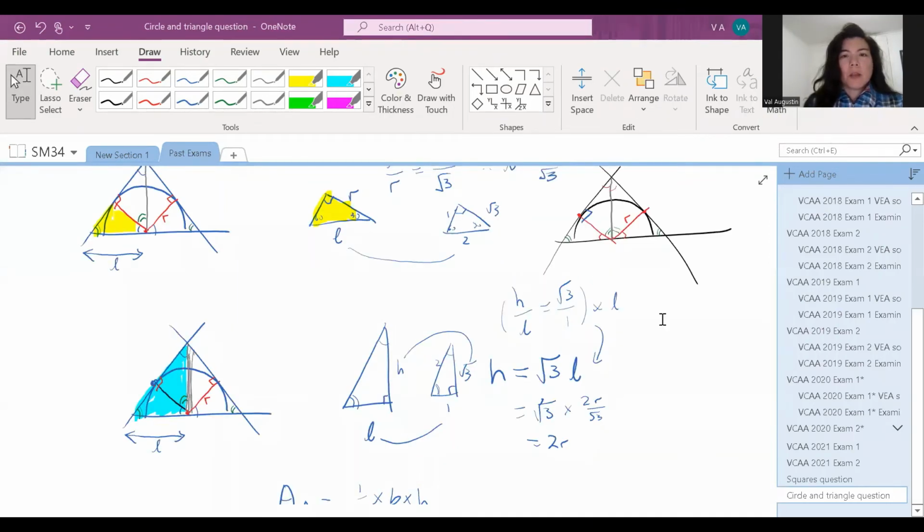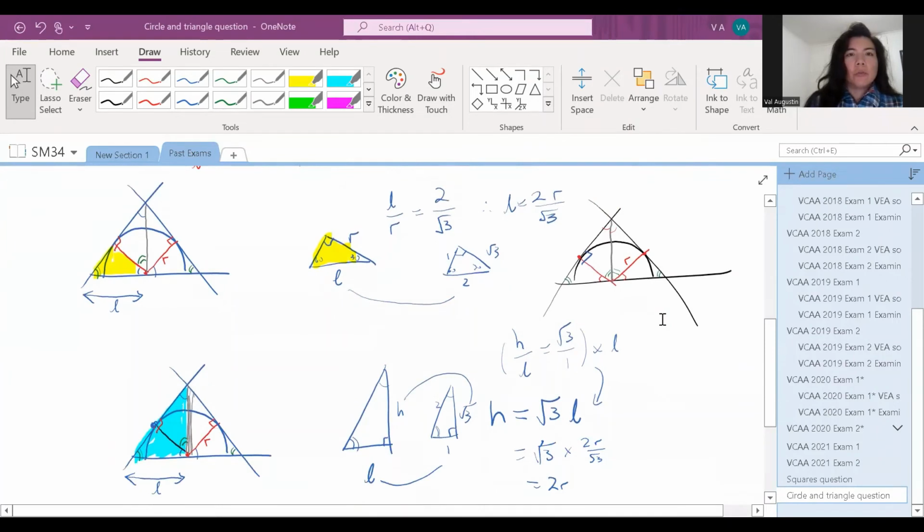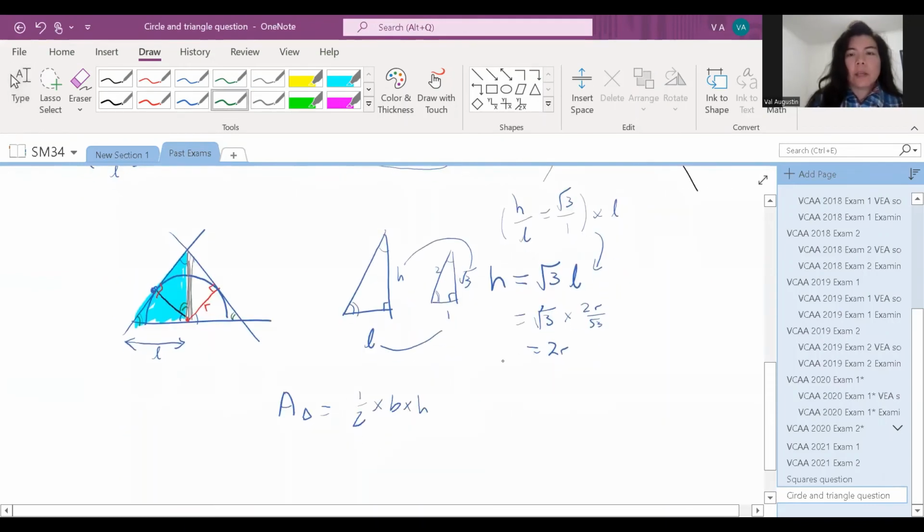Okay, so now we have two equations, one for L and one for H. And so we can use the triangle area formula, half times base times height.